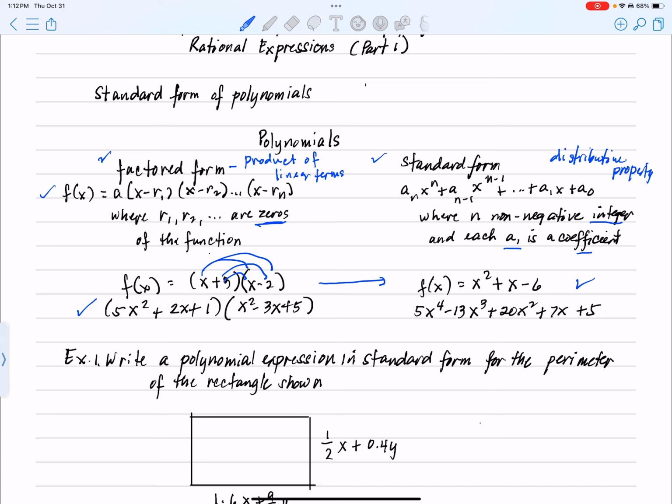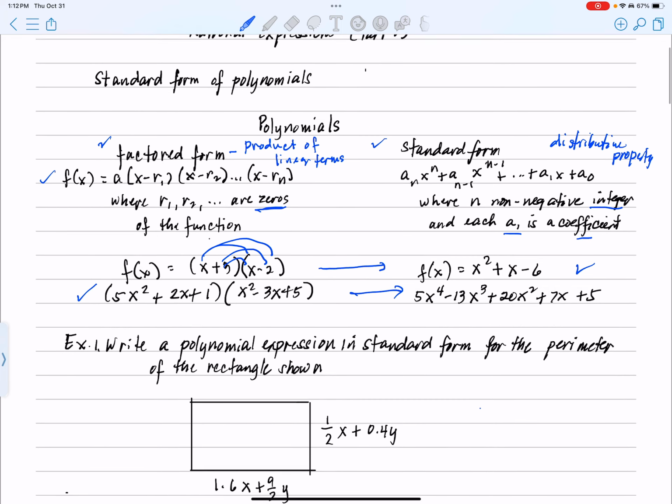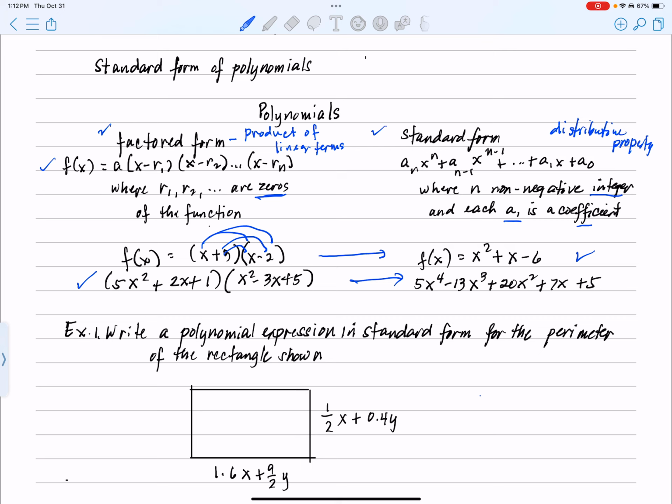We have a very long line of terms, and then we come up with 5 terms: 5x to the fourth minus 13x cubed plus 20x squared plus 7x plus 5. Later on, we're going to talk about how to multiply polynomials by polynomials in a shorter way, by using a certain method where we can multiply quickly.